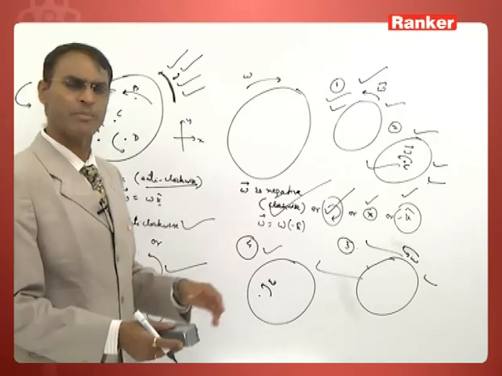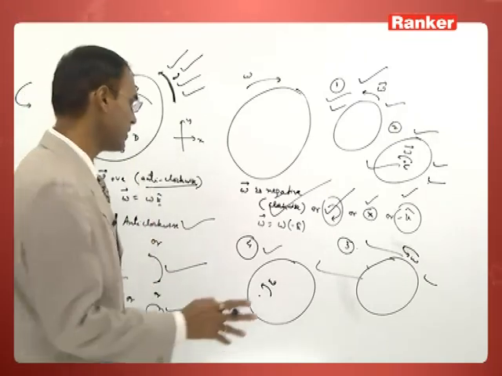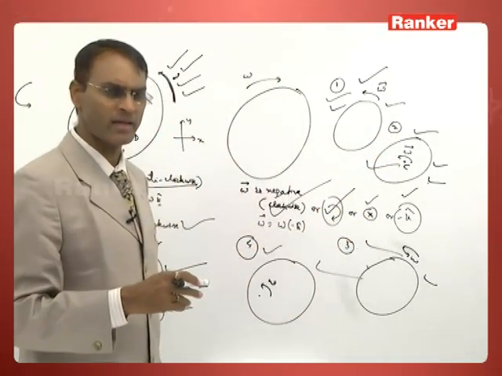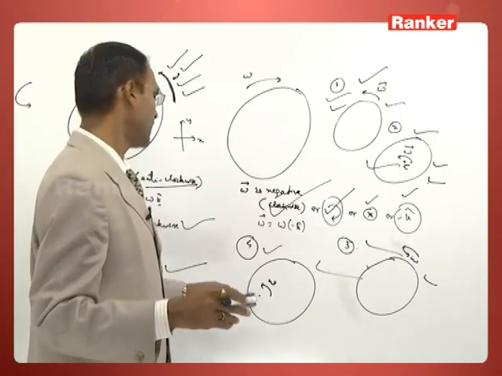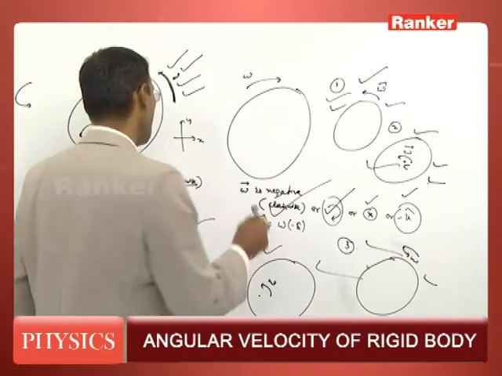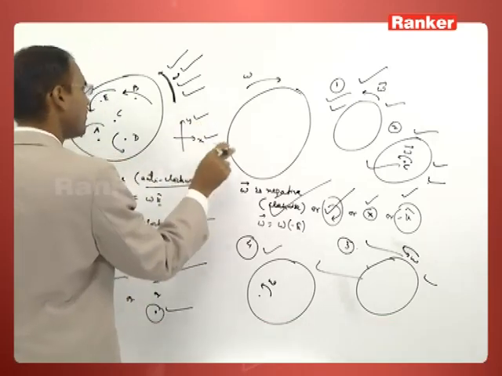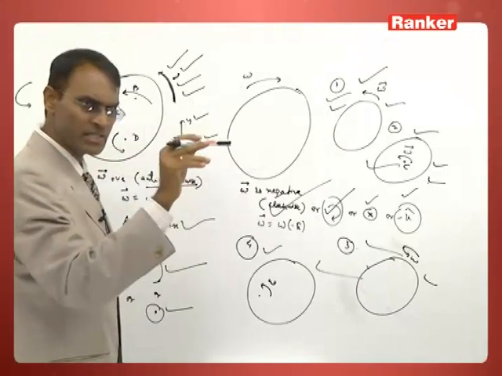This is a major problem the students are facing about which axis. Angular velocity does not depend upon your chosen axis or chosen point. However, all the axes must be lying along or parallel to the omega vector. If you choose this as x-axis, this as y-axis, the omega vector for anticlockwise rotation is lying along the positive z direction.